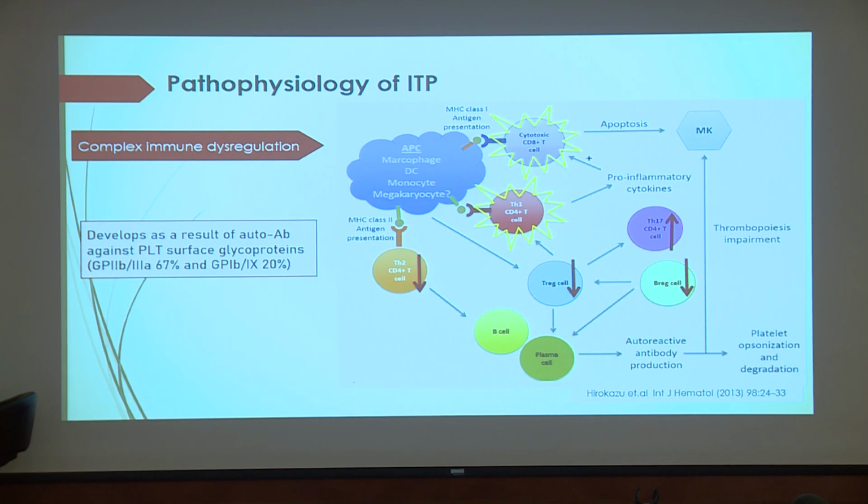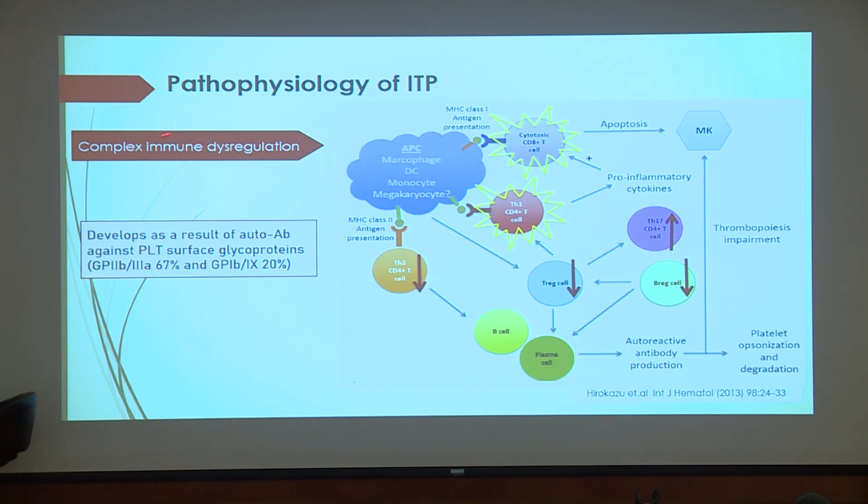Now, the pathophysiology of ITP is quite complex because it encompasses almost all the immune system subsystems. It includes T cells and B cells as part of the adaptive immune system, but it also activates the innate immune system represented by macrophages, sometimes monocytes, and natural killer cells.